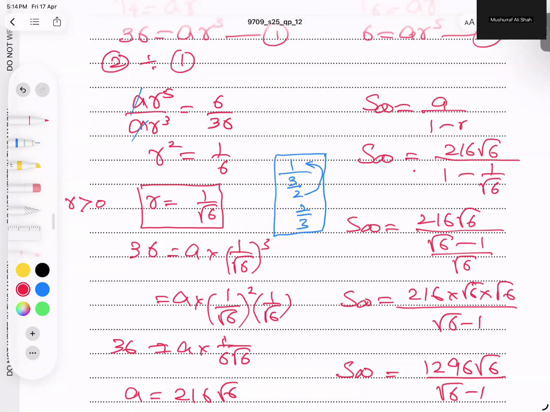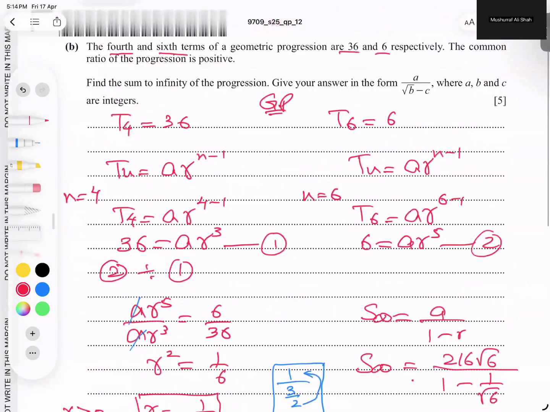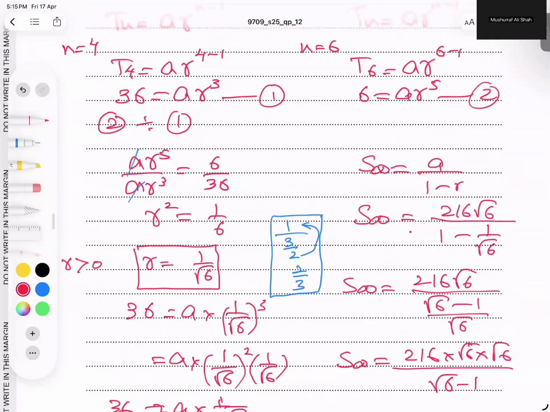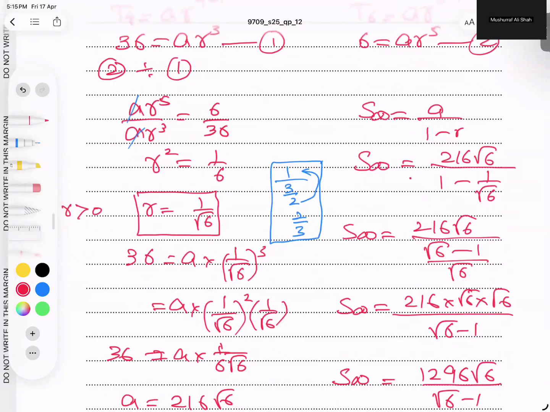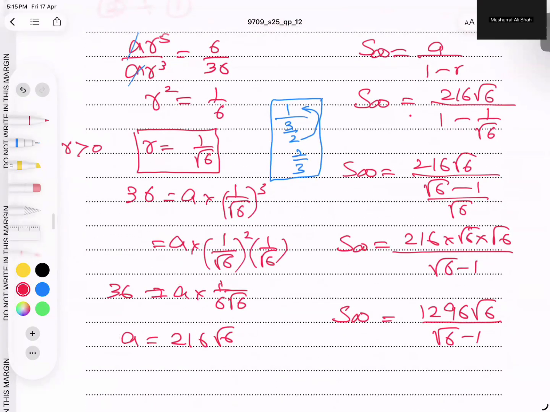And what is the required format? We have to go and check on top. A root 6 minus C, and we are looking for 1296 over this. Yes, this is the required format, so no need to make any change. But sorry to say, root 6 is not there in the numerator, the reason is I multiplied already.